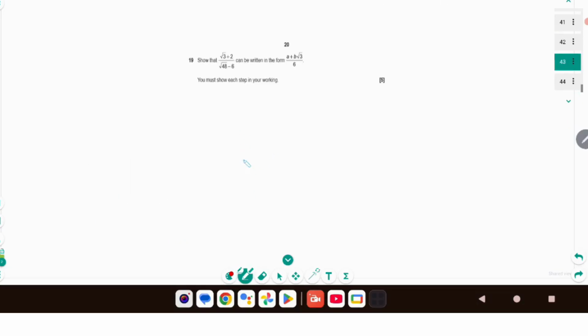Show that (root 3 plus 2) over (root 48 minus 6) can be written in this form. So we want to rationalise the denominator. So I'm going to times both of them by root 48 plus 6.